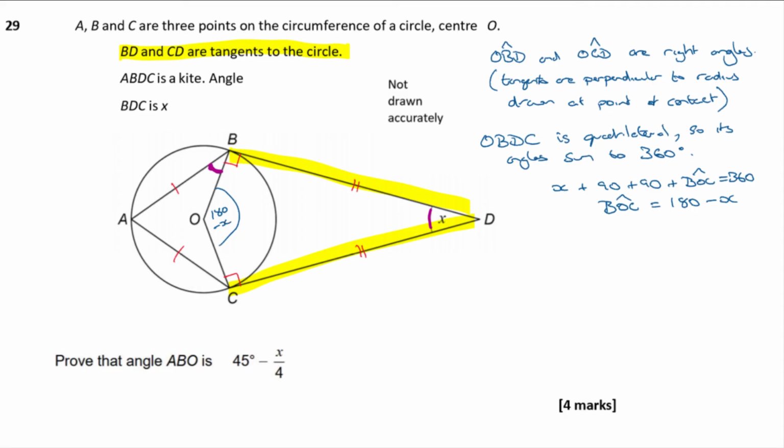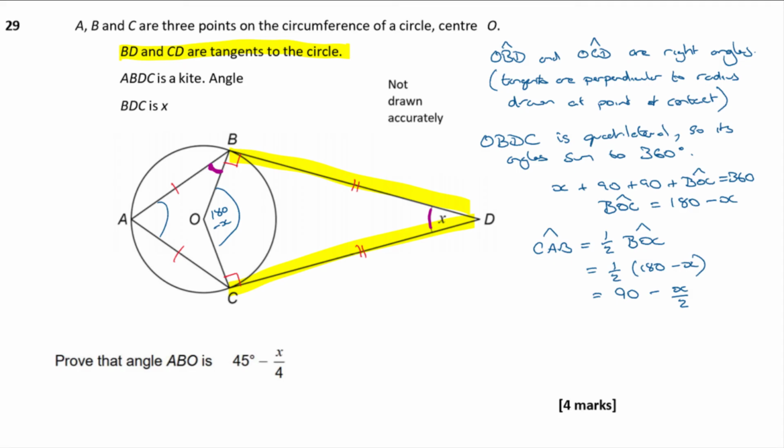Now I also can see that that is the angle at the center, and this one here is the angle at the circumference, isn't it? So I know that these two are related. I'm going to use the fact then that CAB is going to be a half of angle BOC, which is a half of 180 minus X, which, multiplying out the brackets, is 90 minus X over 2.